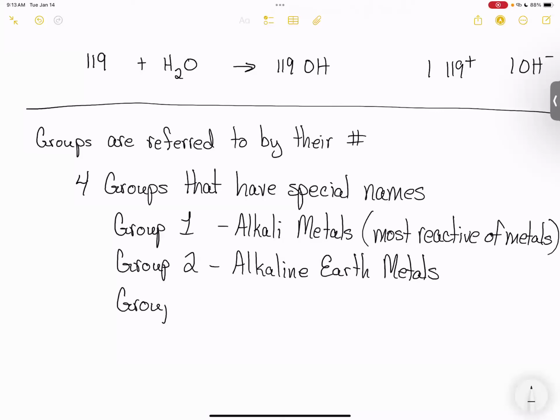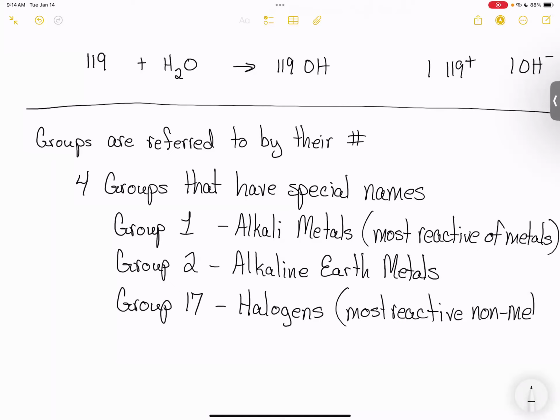Then we're going to skip all the way across the periodic table to group 17. Group 17 is known as the halogens. And as we will talk, they are the most reactive nonmetals. And then finally, group 18.